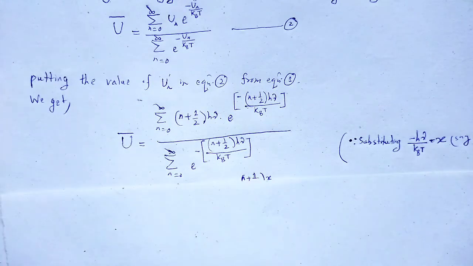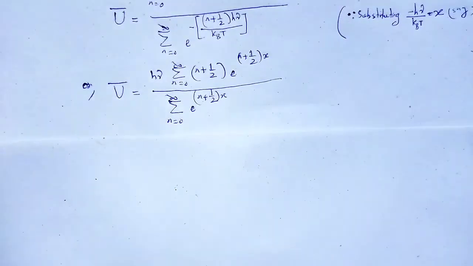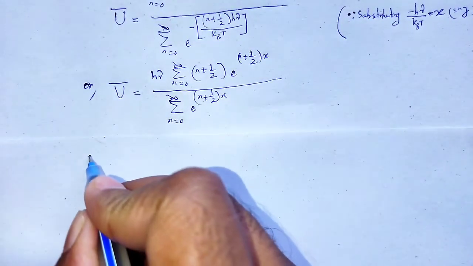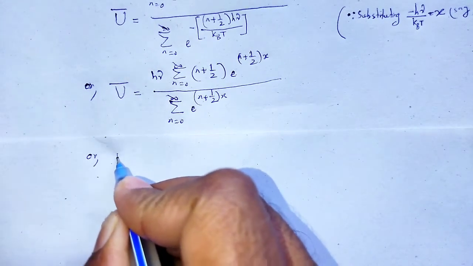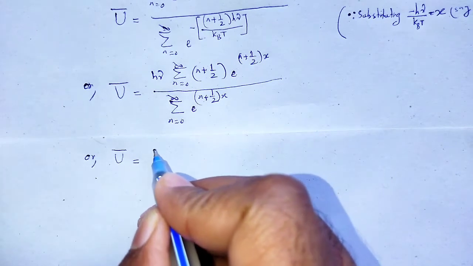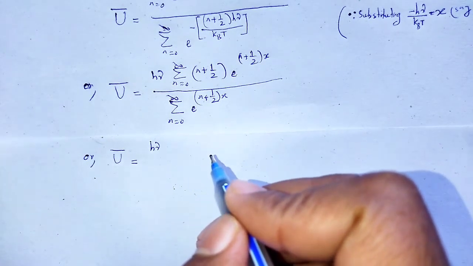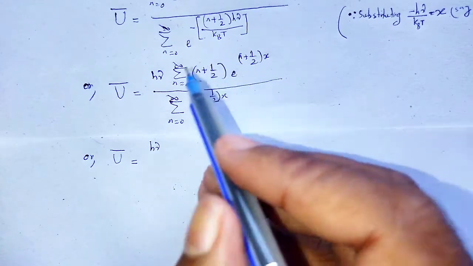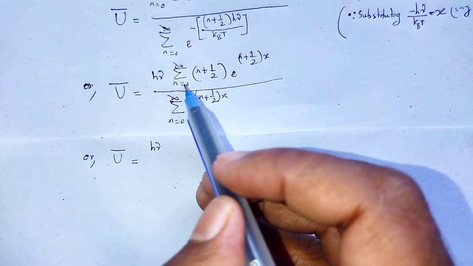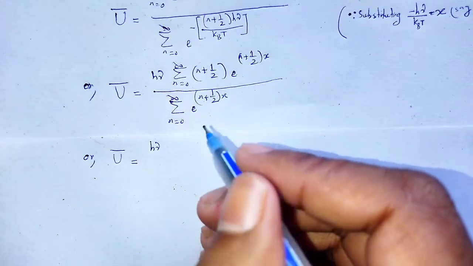Next, U bar is equal to h nu. We expand the summation, first putting n is equal to 0, then n is equal to 1, 2, like this.